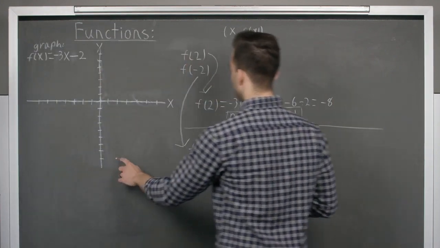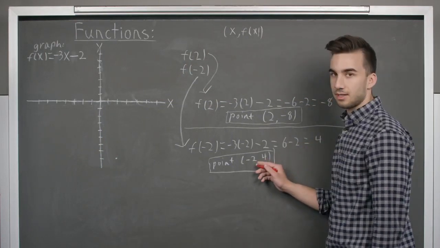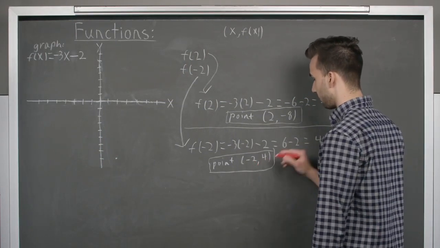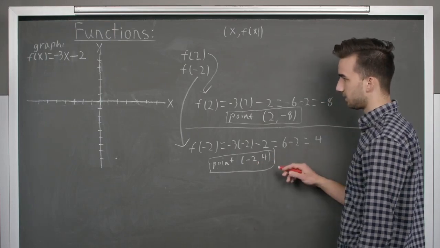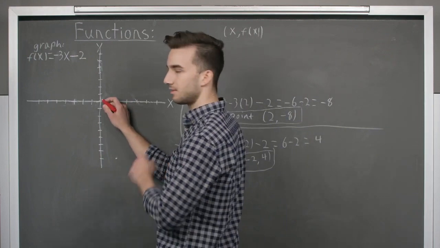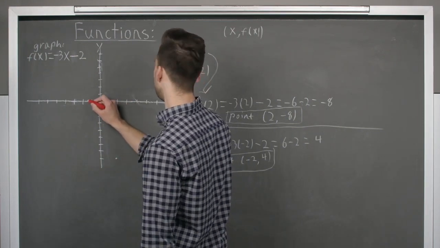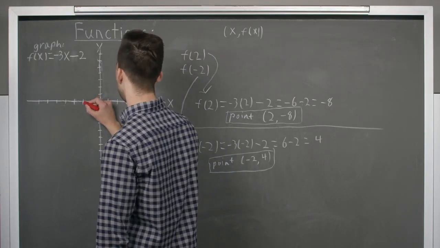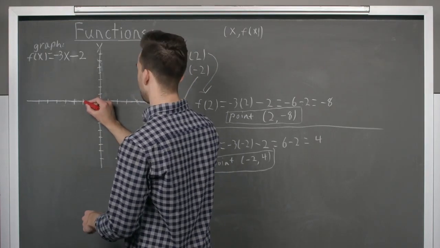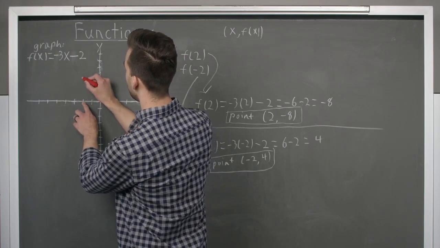So we have our first point, and then our second point is -2 in the x direction and +4 in the y direction. So let's go ahead and do that. We have -2 in the x direction goes left, remember? So 1, 2, and then we have +4 in the y direction. 1, 2, 3, 4.